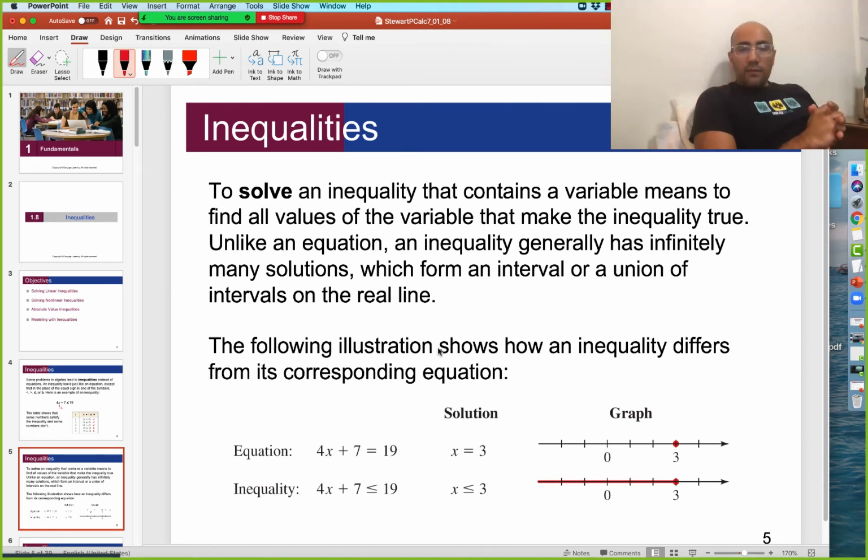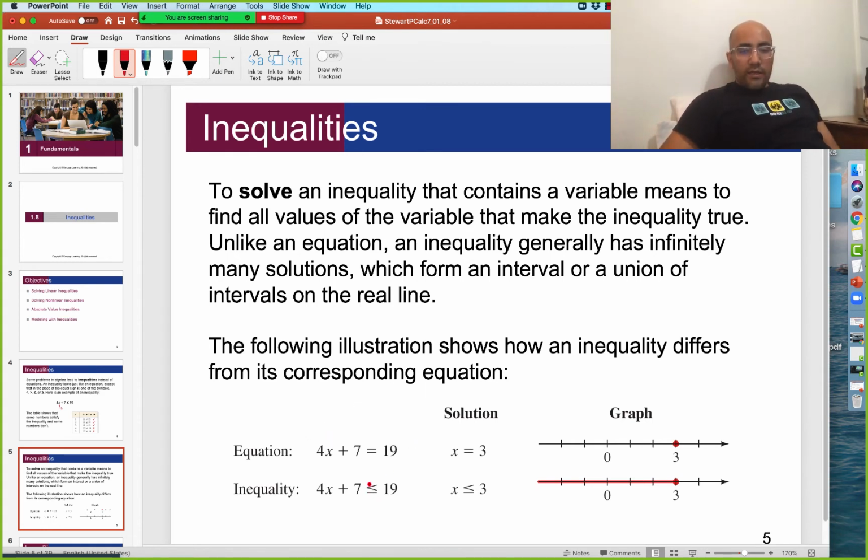So if the equation had been 4x plus 7 equals 19, then what we would do is subtract 7 from both sides, divide by 4, and we would arrive at the answer x equals 3. With an equation, there's only one value that makes it exactly true. Replacing the x with a 3 makes it true.